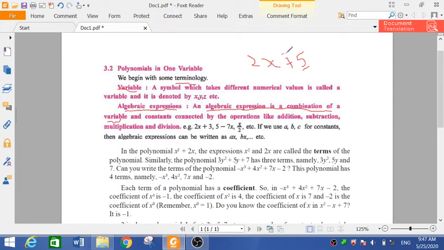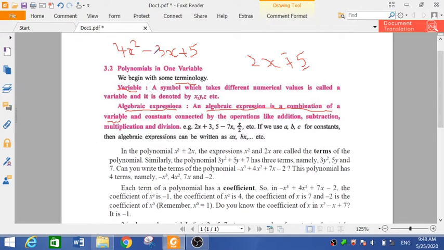Now if I write 4x square minus 3x plus 5, it is one of the algebraic expressions, because in this combination, x is the variable and constants are connected by operations of addition, subtraction and multiplication.